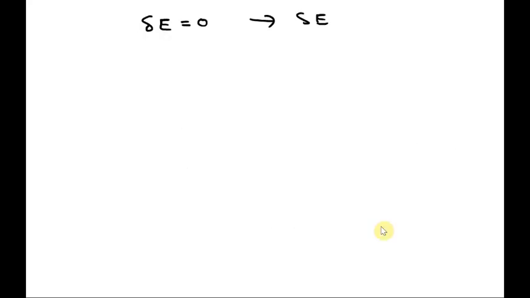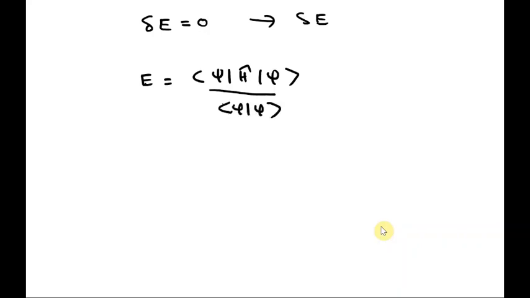To calculate this, I know that E is nothing but psi H cap psi divided by psi psi. So this gives E psi psi equal to psi H cap psi.